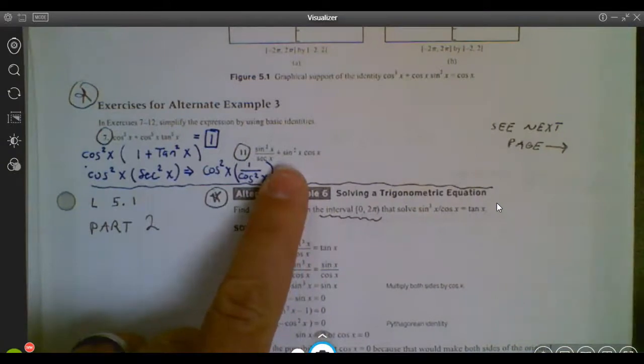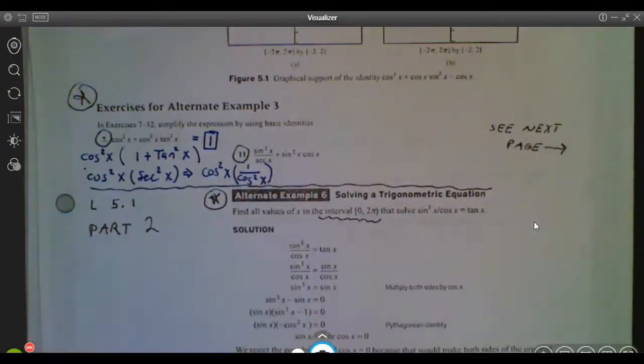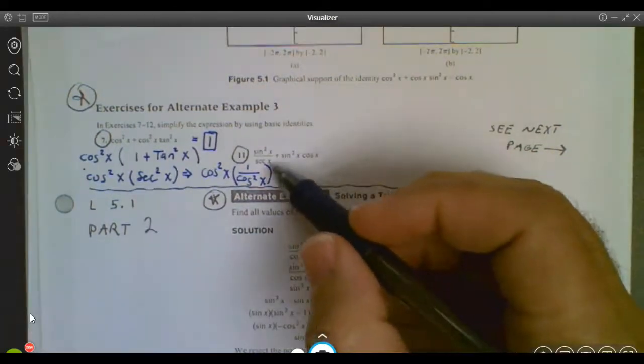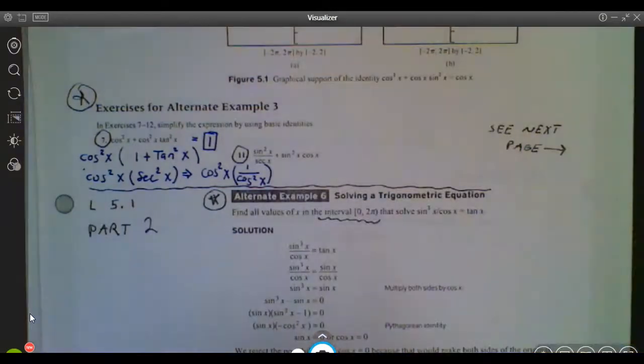On this one over here, we have sine squared over secant plus sine squared cosine. Again, remember that secant is the same thing as 1 over cosine. Because it's on the bottom, if I flip that, it's going to move to the top and become cosine.